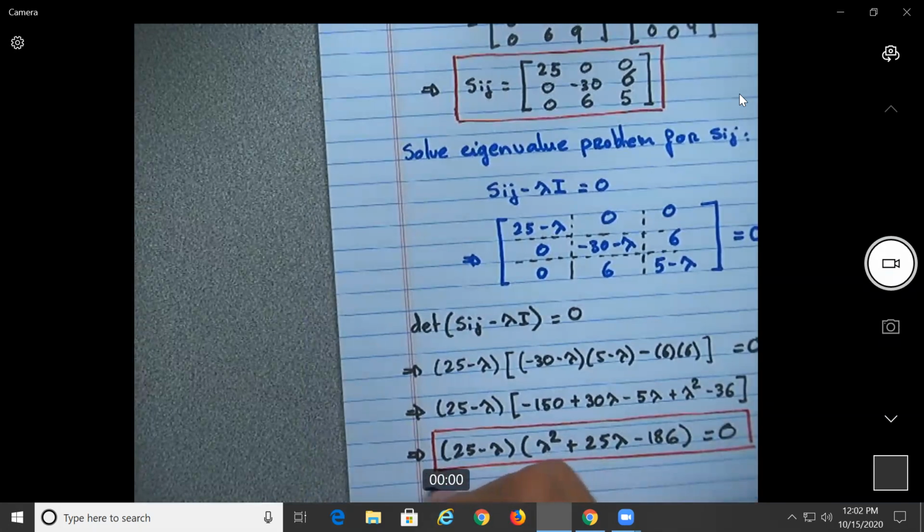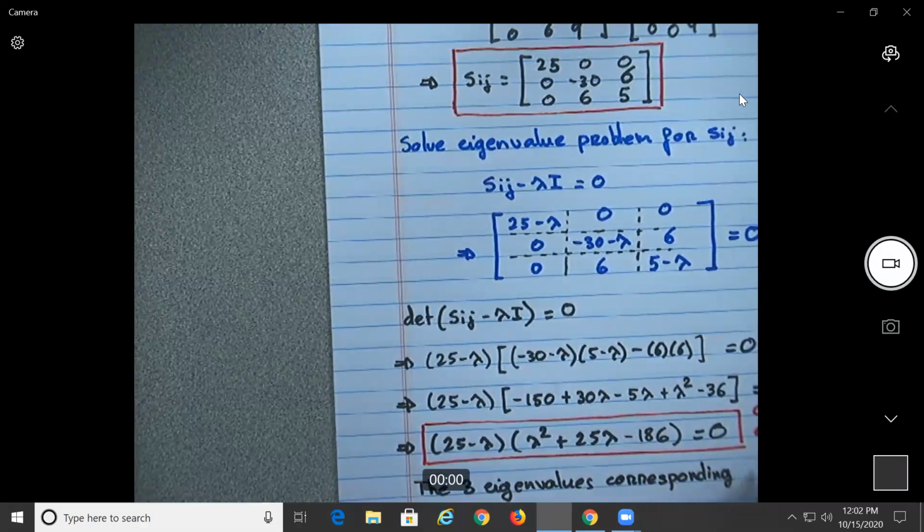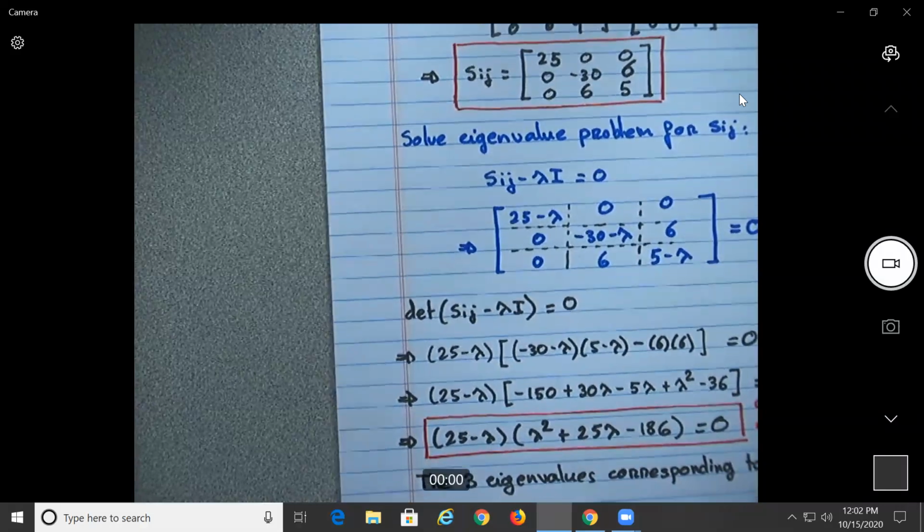So the 3 eigenvalues corresponding to principal stress values are what?